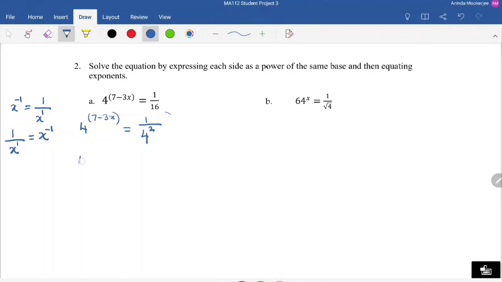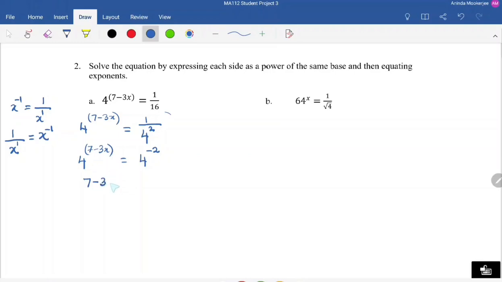So on the left hand side we'll have 4 raised to the power 7 minus 3x equals 4 raised to the negative 2, correct? And now that we have the same base on both sides and both are at the same level, we can just make the exponents equal to each other and solve for x.